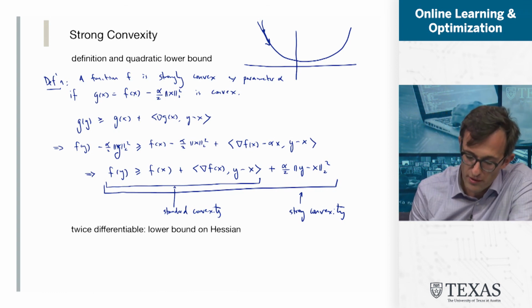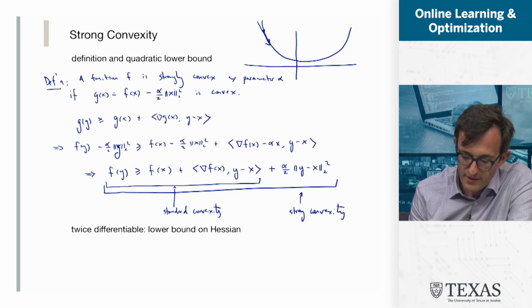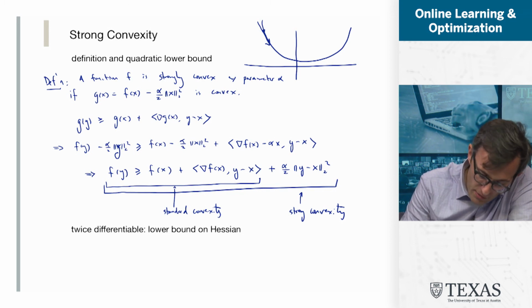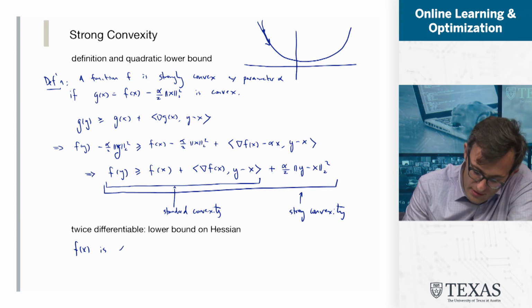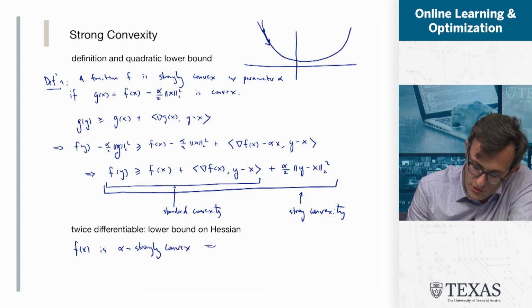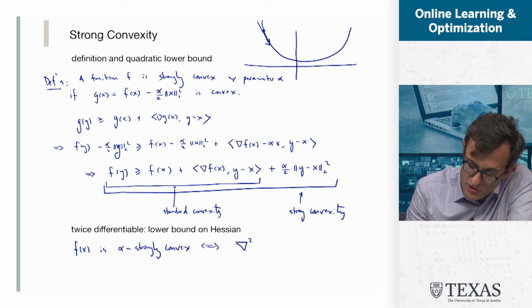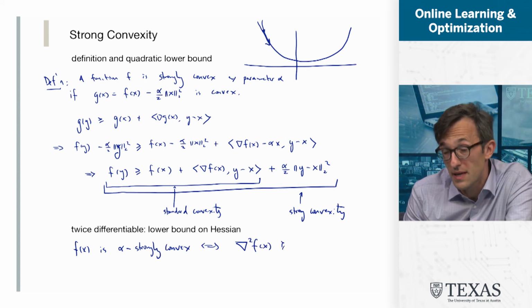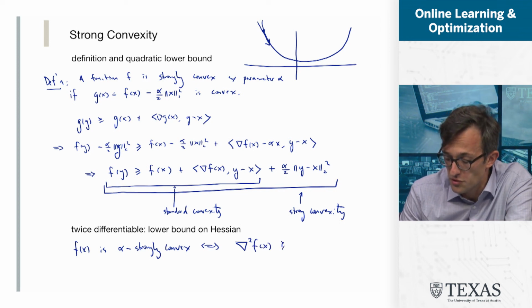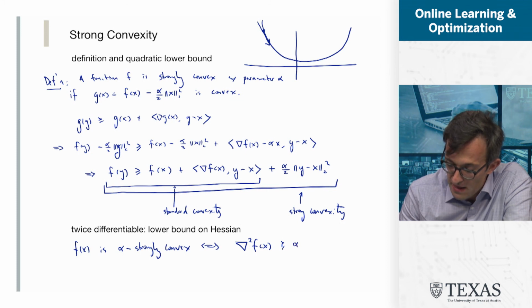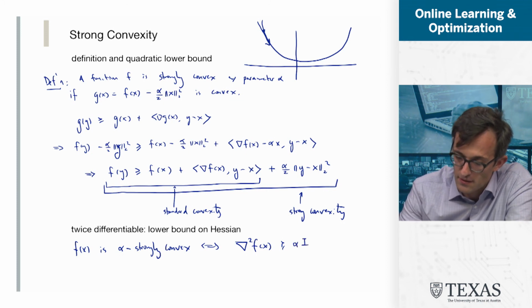It's also worth noting what this tells us about the Hessian. If f of x is twice differentiable, then f being alpha strongly convex is equivalent to the Hessian of f not being just positive semi-definite, but being greater than or equal to alpha times the identity.